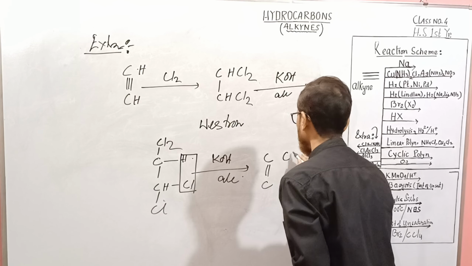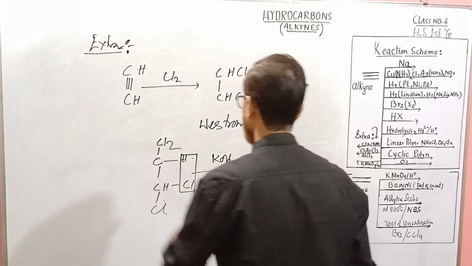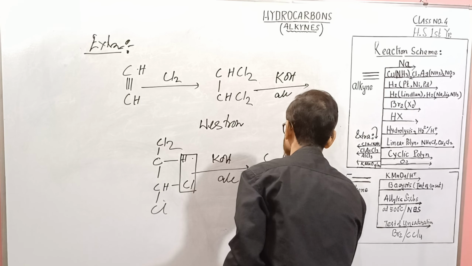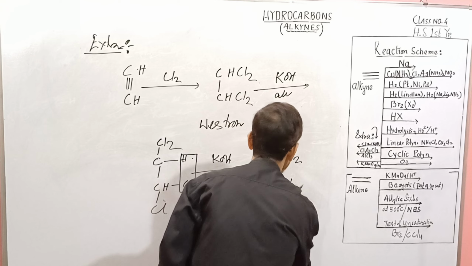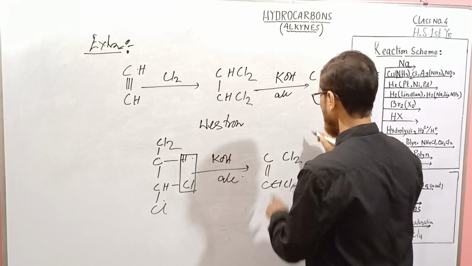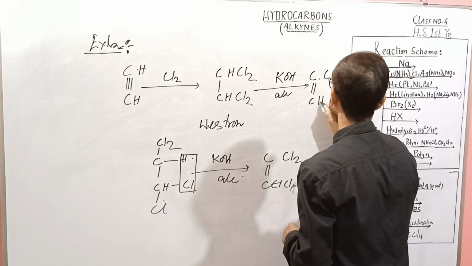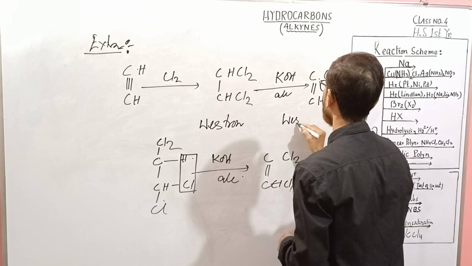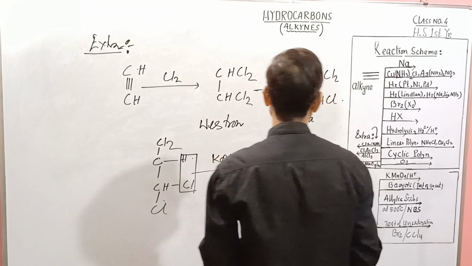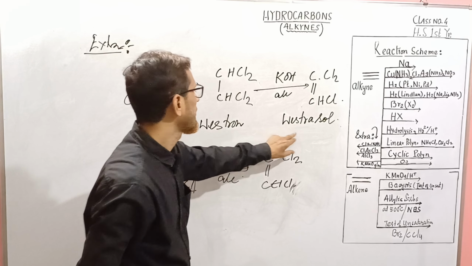So what we get here is CCl2 double bond CHCl, and that is called Westrosol. This is Westron and this is Westrosol.